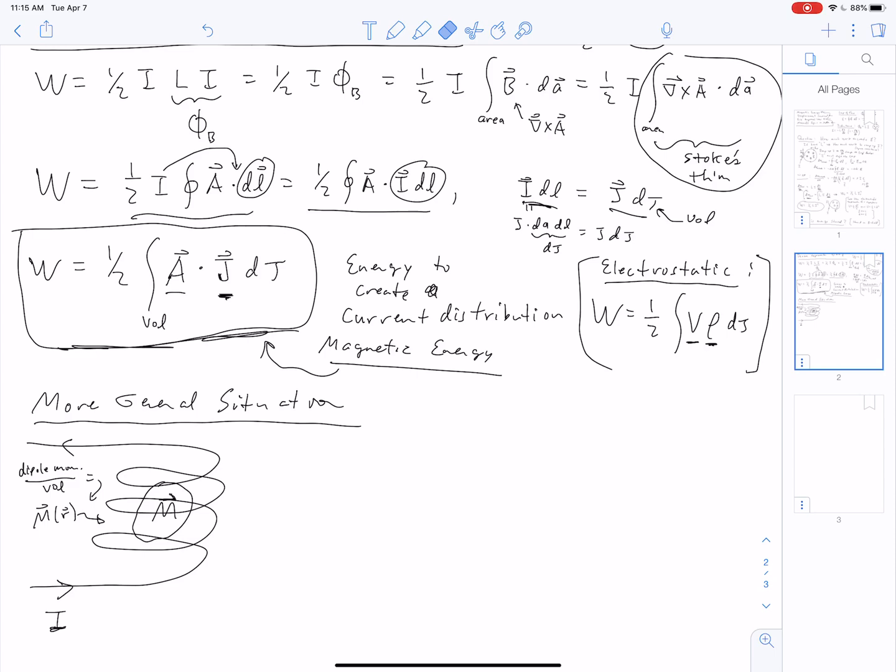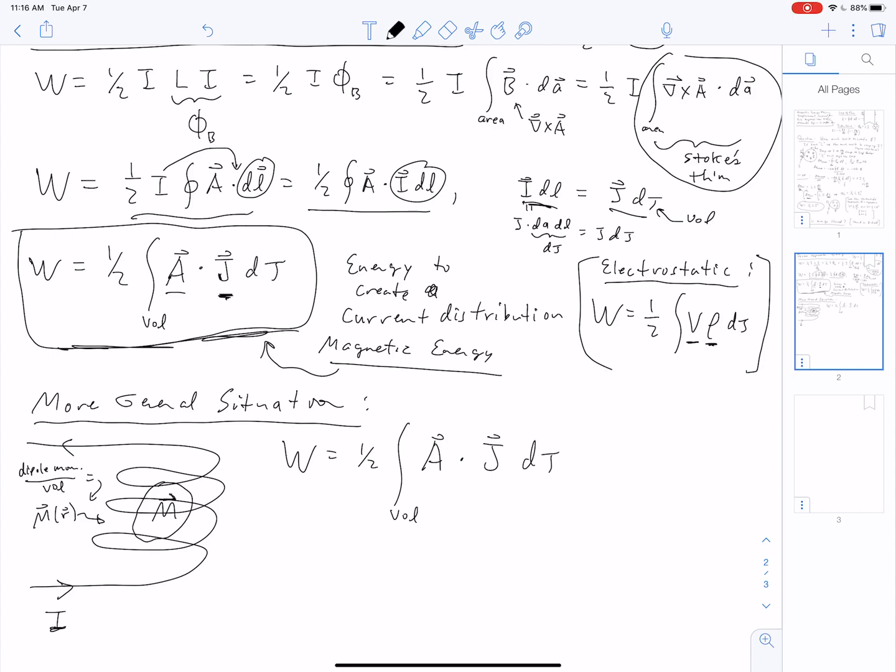And now we can ask, what is the energy to ramp up the current for this situation, where I have not only a loop but some magnetic material nearby? Now the thing is, it's really the same expression. It should remind you of what we did already for the electrostatic case.